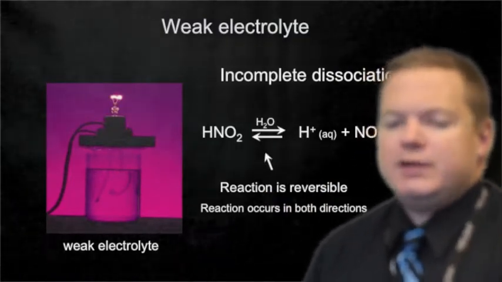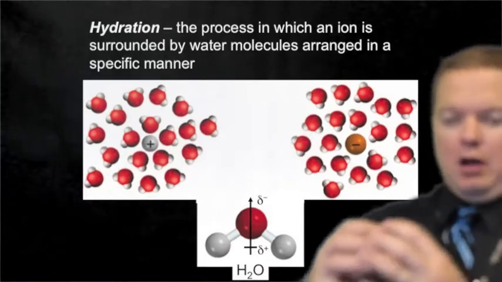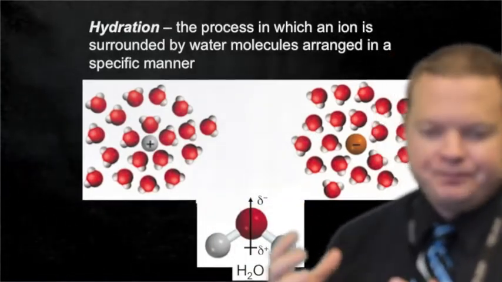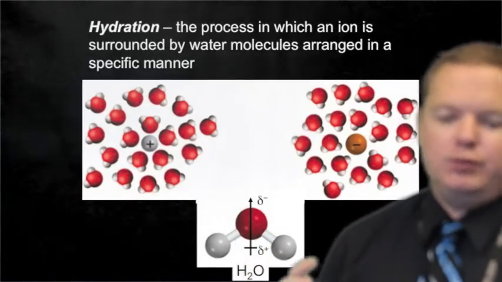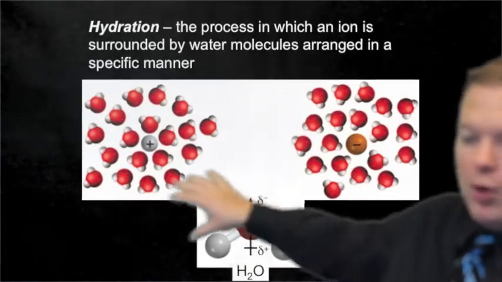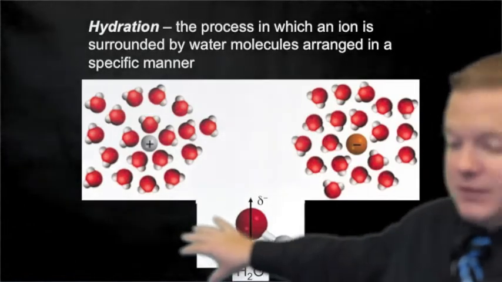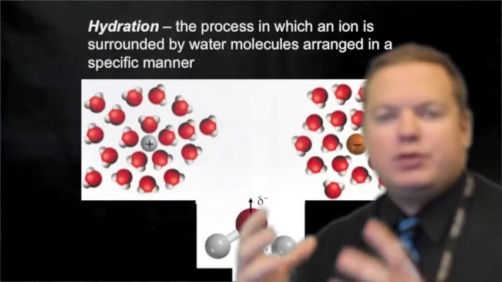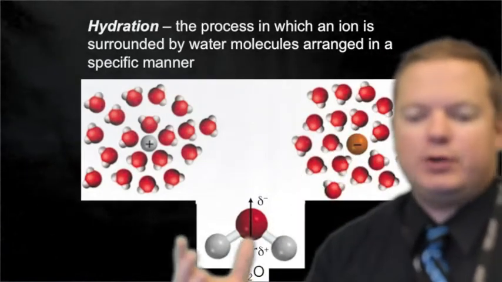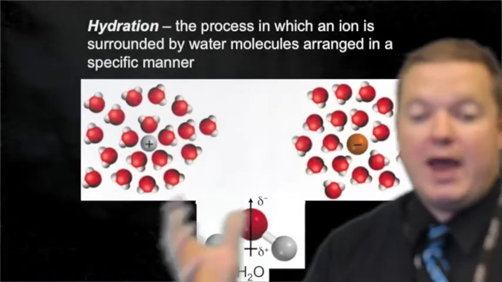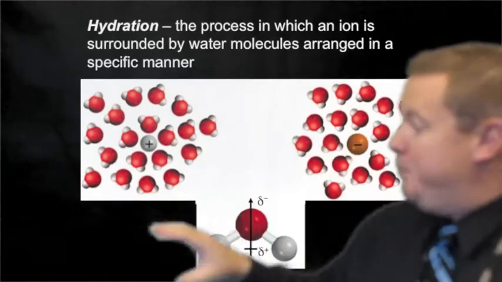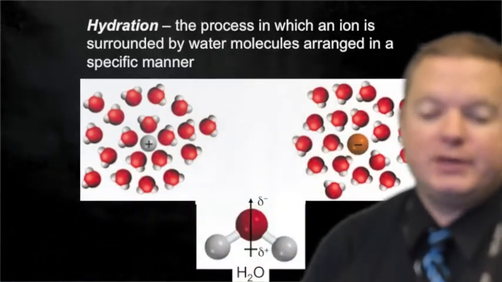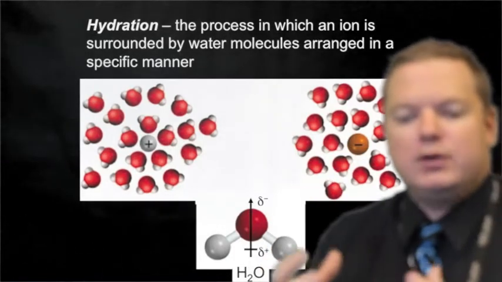For both of these electrolyte solutions, the process that allows that separation, which we talked about a little bit in class, is the process of hydration. We have the water molecule, with a partially positive side and a partially negative side. It can interact with those charged cations or anions, and the side of the water molecule that is partially charged with the opposite sign will sort of surround those ions.